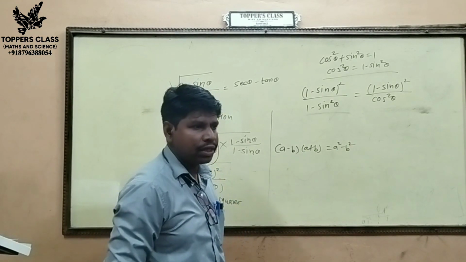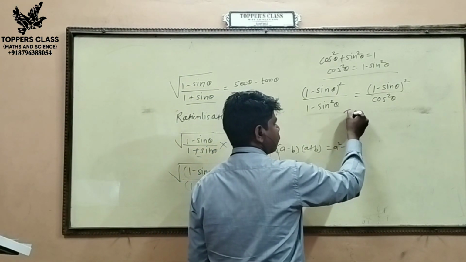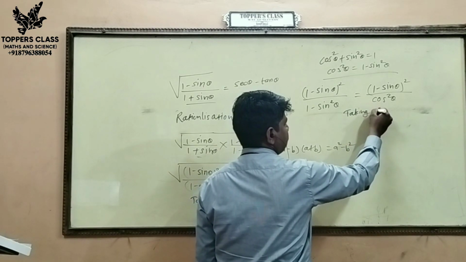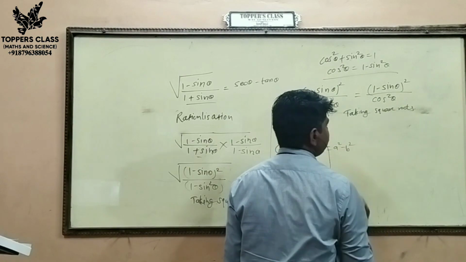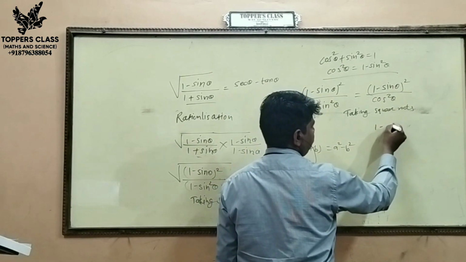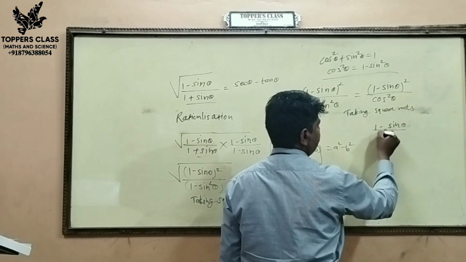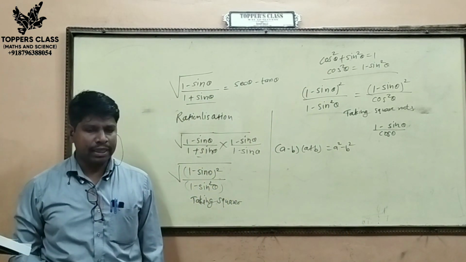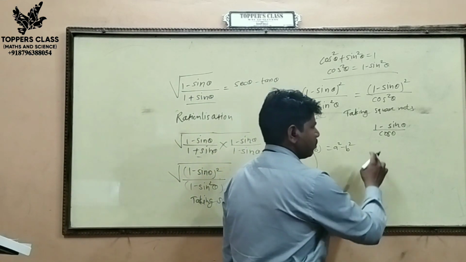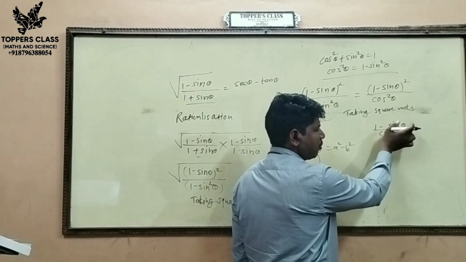Then now we take the square root. Write down here taking square roots. While we take the square root, then we get 1 minus sin theta upon cos theta. So this cos theta is the denominator for both.